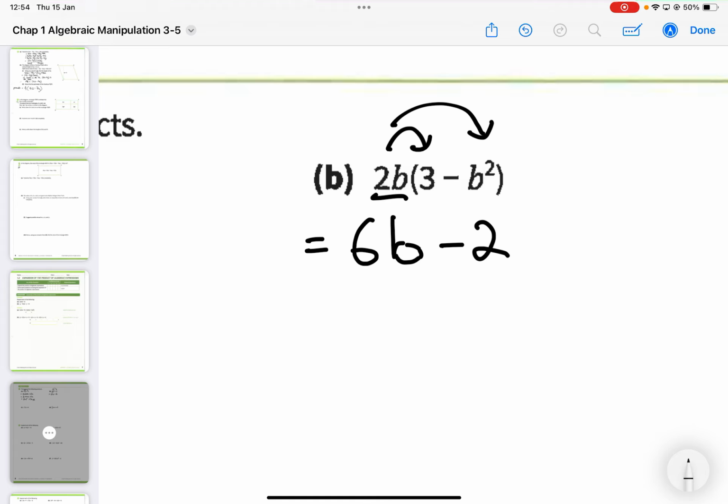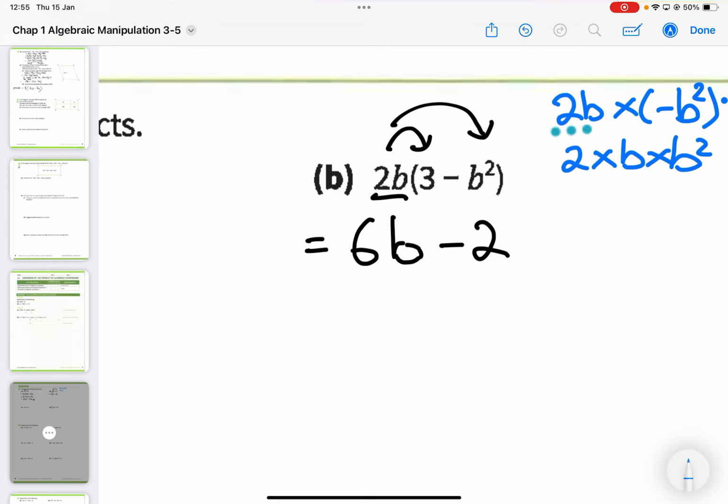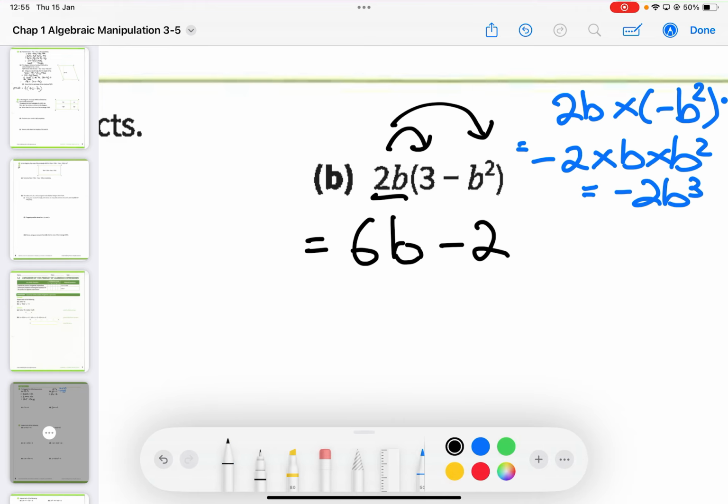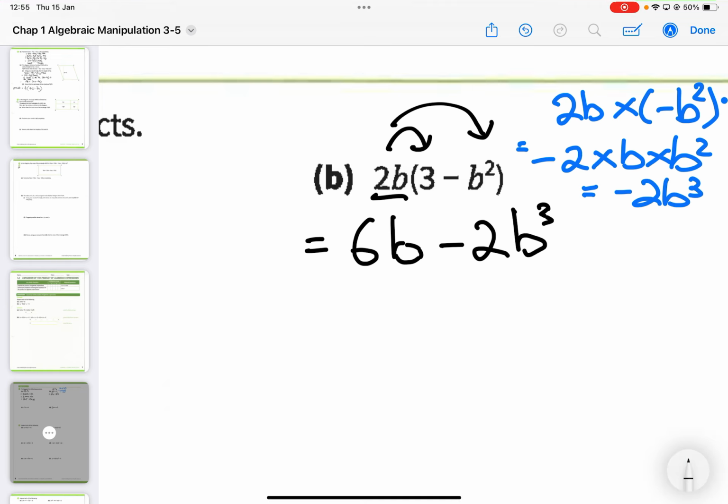In case you blur or I blur, I write it down in another color. 2b multiply negative b squared. So I will end up with 2 times b squared in negative, which equals negative 2 times b cubed, because all together there are three b. So b cubed. So the actual answer I will give is like that.